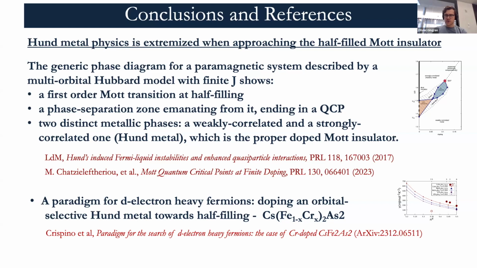Are there any other questions? Ugo has a question. So, naive question. The phase separation that you find, what you're showing is for J over U 0.25 or something?